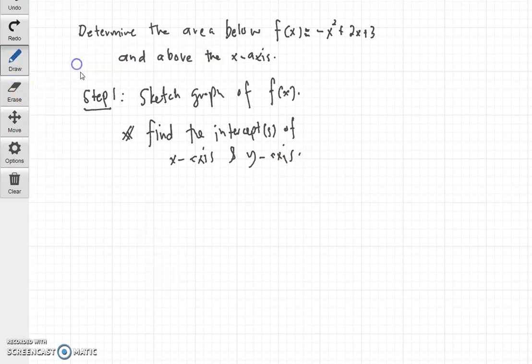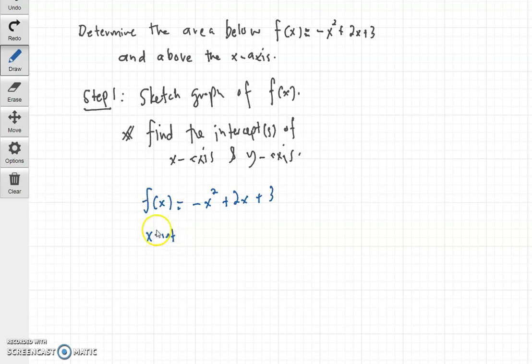Okay, let's see on how to deal with this one. So you have already the value of your f(x) equals negative x to the power of 2 plus 2x plus 3. So what you need to do now is we want to find the x-intercept.